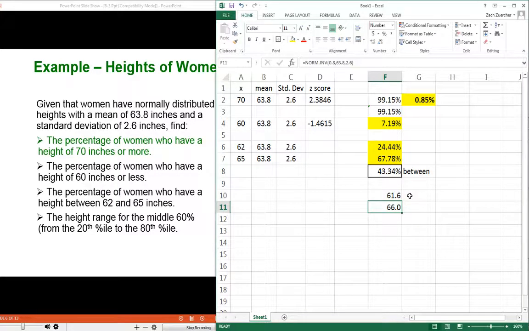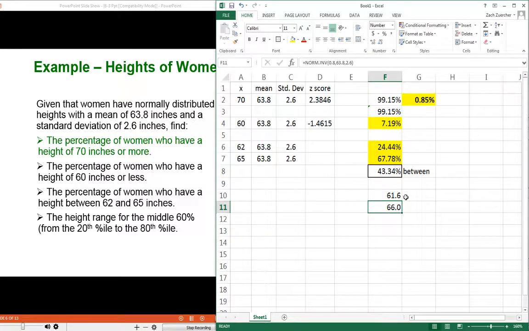Okay, and I think, if you think about it, what's right halfway between 66 and 61.6? Right in the middle of that is 63.8. Okay, 63.8 is exactly halfway. So we've got 40% on the lower side of the mean, 40% on the upper side of the mean.